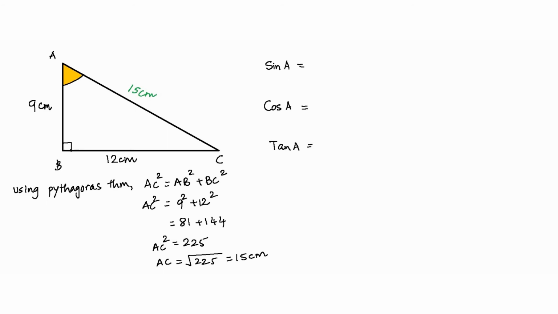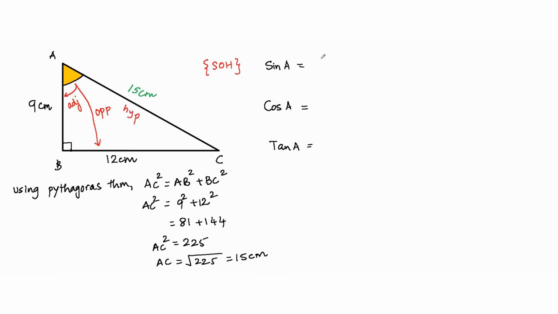Sine, if you remember the short form for sine, sine was opposite upon hypotenuse. With respect to angle A, the opposite side is 12 centimeters. With respect to angle A, the adjacent side is 9 centimeters and the hypotenuse happens to be 15 centimeters.